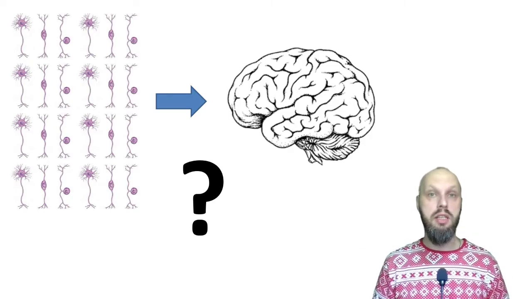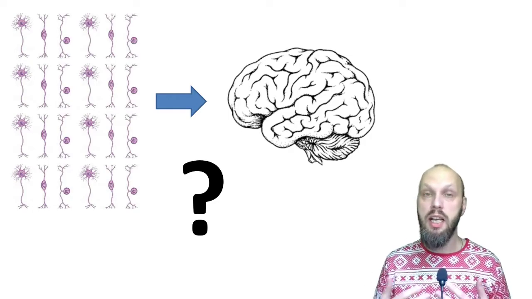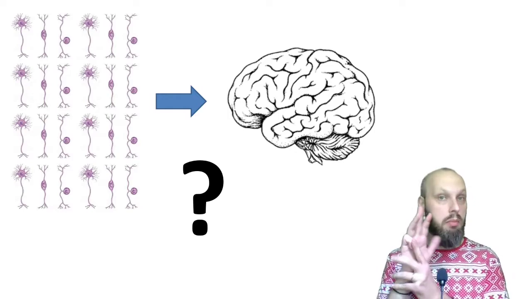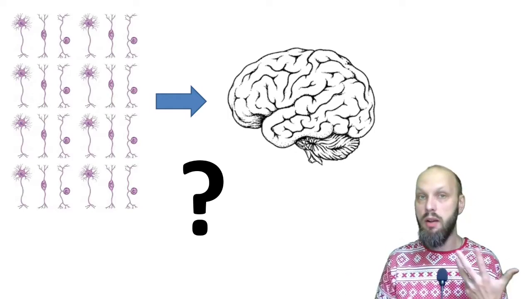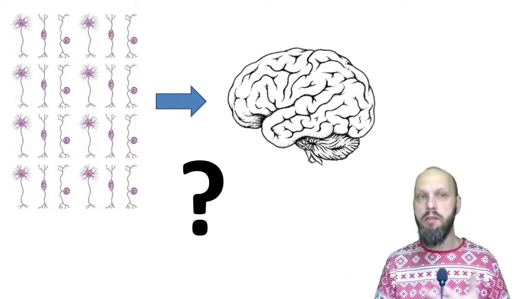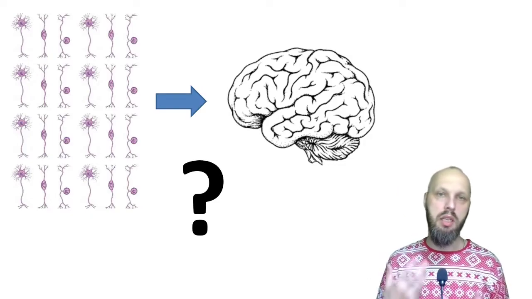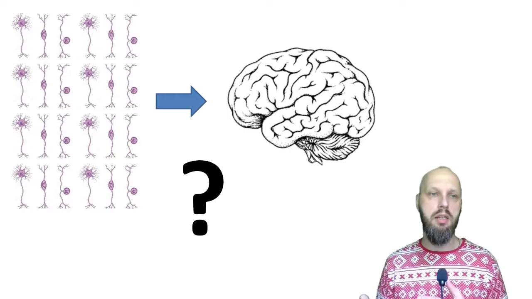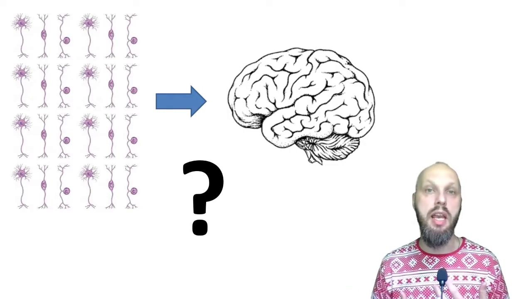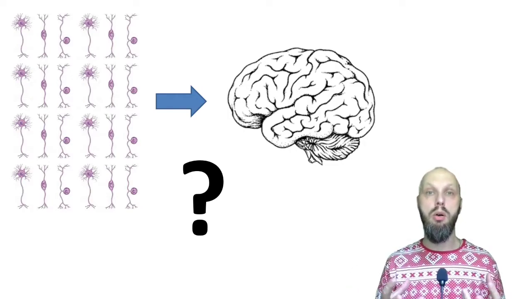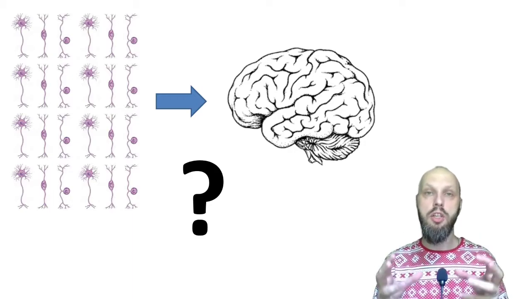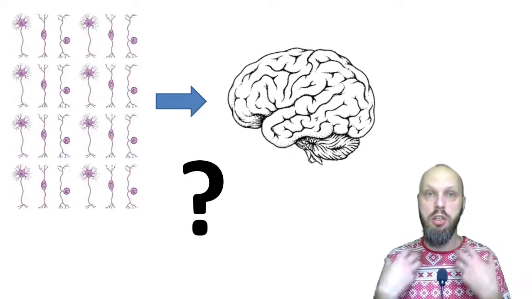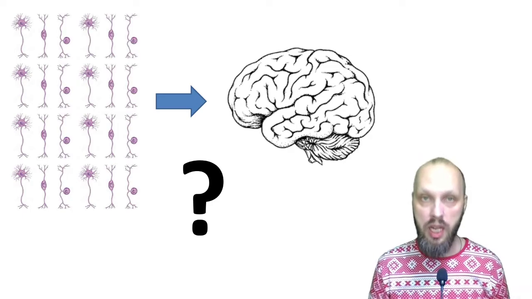If we can answer this question, it can help us a lot. We will be able to help humans who have some sort of an issue. Maybe they have a genetic problem and something doesn't work in their neural tissue, or maybe they are old and some type of cells in the brain is dying. So knowing how to create a functioning human brain, a functioning human mind from cells would help us.